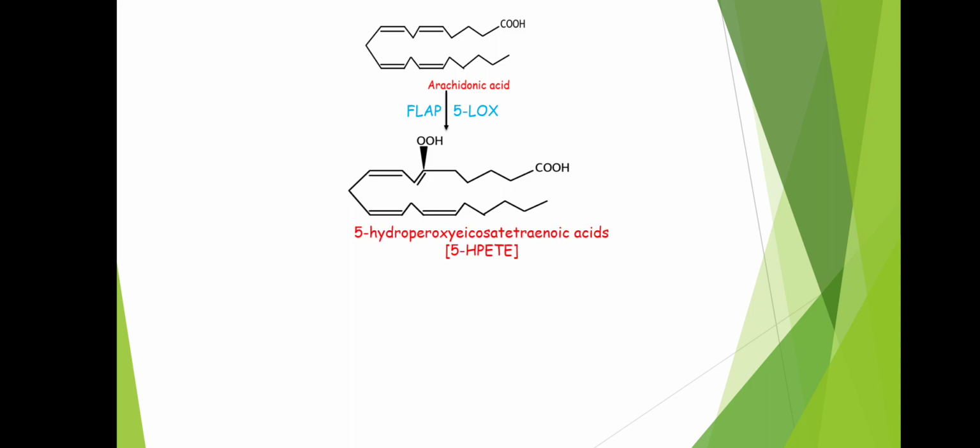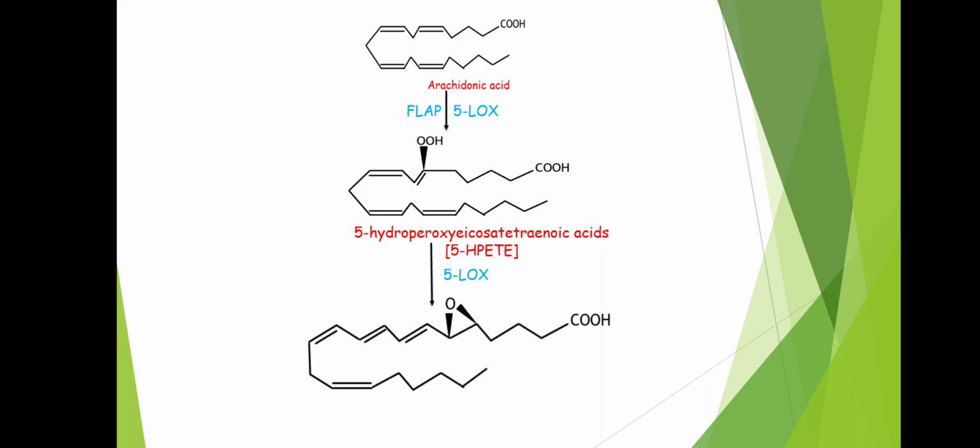This enzyme plus this protein both act on arachidonic acid, resulting in production of a compound, 5-hydroperoxy eicosatetraenoic acid, abbreviated as 5-HPETE. Now this compound rapidly gets converted to an unstable epoxide leukotriene known as leukotriene A4, abbreviated as LTA4.